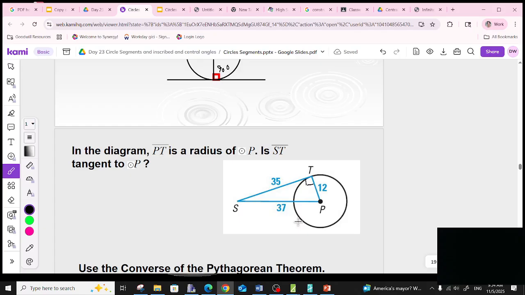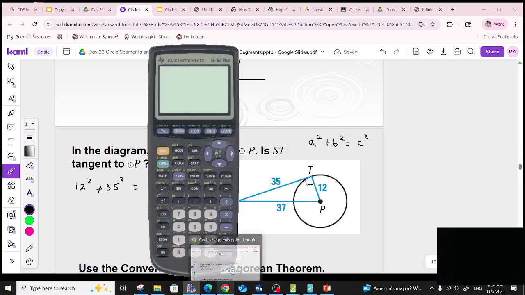Remember Pythagorean theorem? Do you all remember this? And the converse says that if a squared plus b squared equals c squared, then it's a right triangle, right? And that's what we're going to check. So we're going to check, does 12 squared plus 35 squared equal 37 squared? If it does, then it's tangent. If it doesn't, it's not tangent.